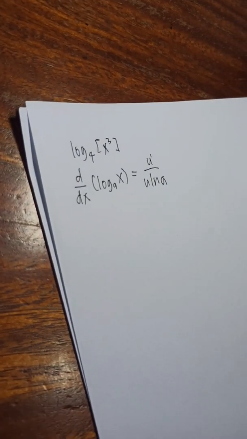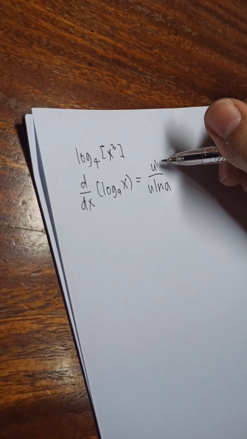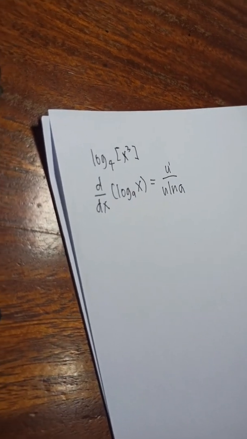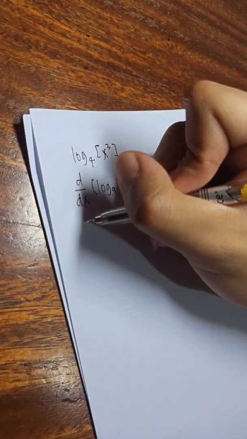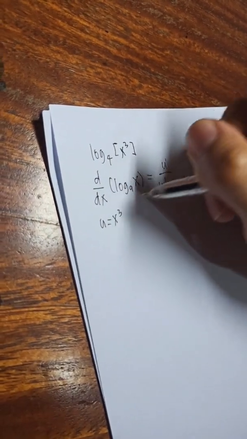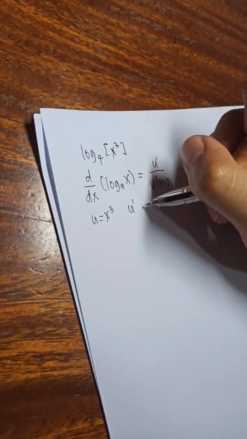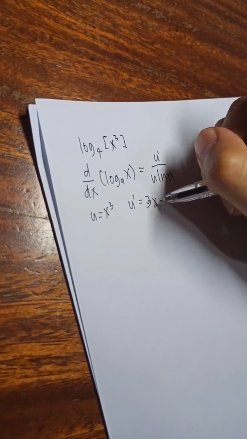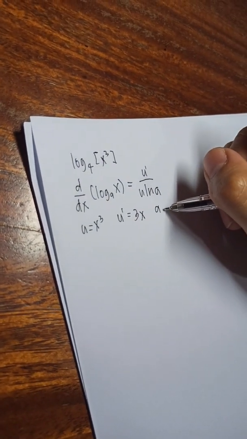Then we need to identify our u, u prime, and our a. So u is equal to x cubed, our u prime is 3x, and our a is 4.